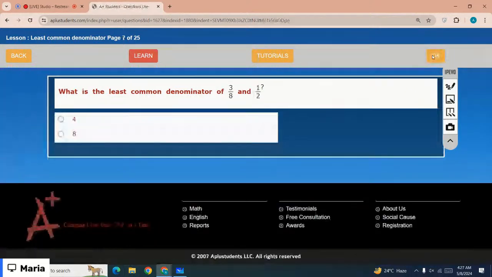What is the least common denominator of 3 by 8 and 1 by 2? Which is the correct option? Yes, 8 it is.